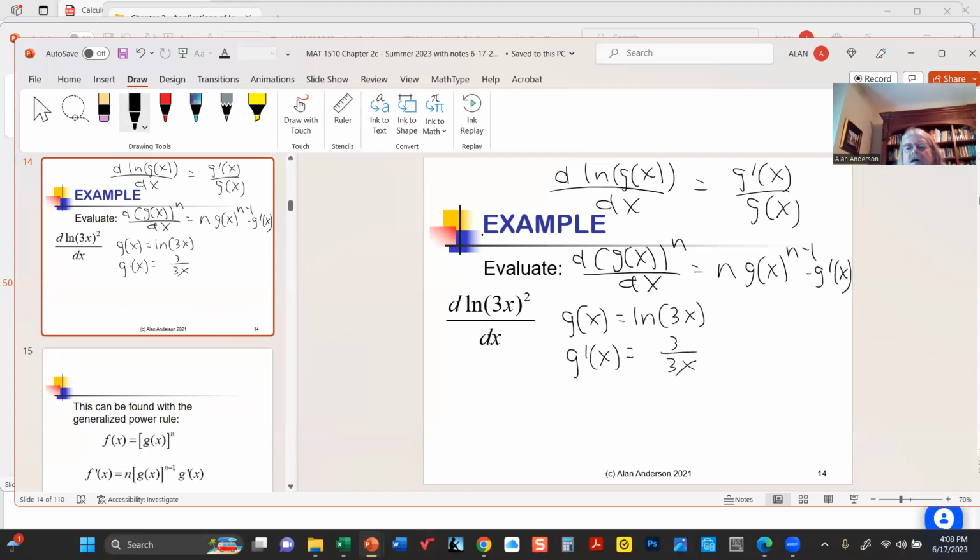But we don't have the log of 3x. We have the derivative of g of x squared.